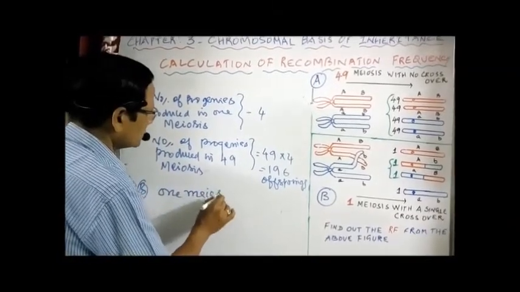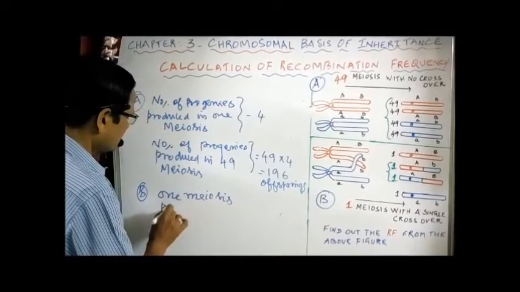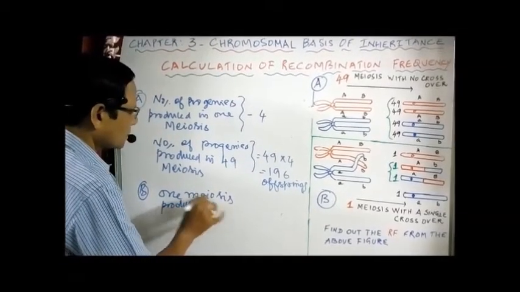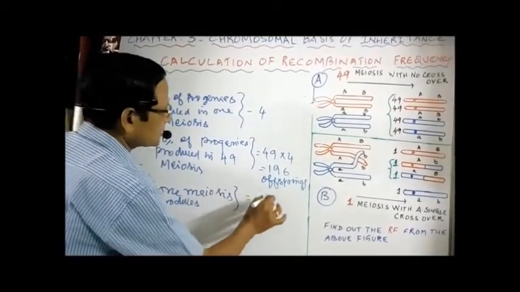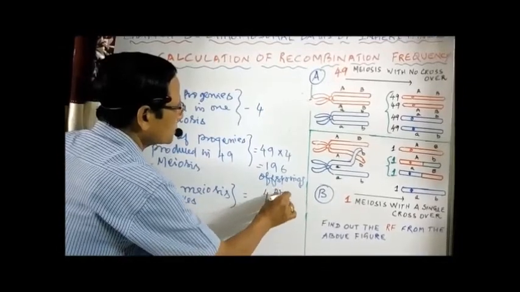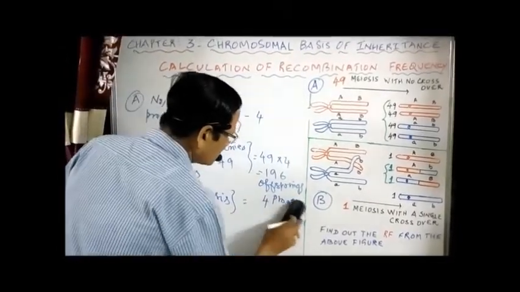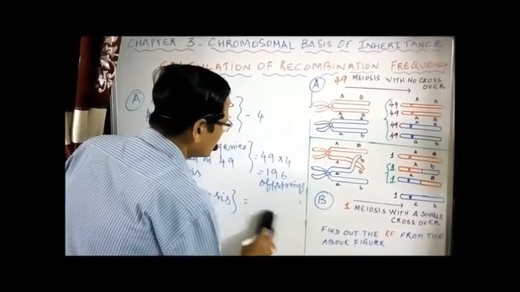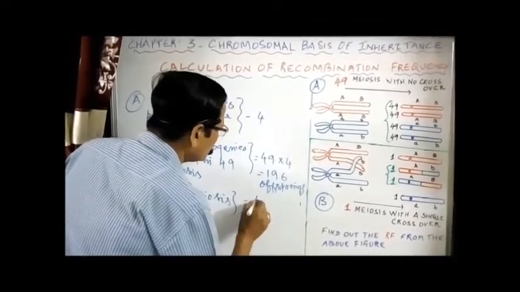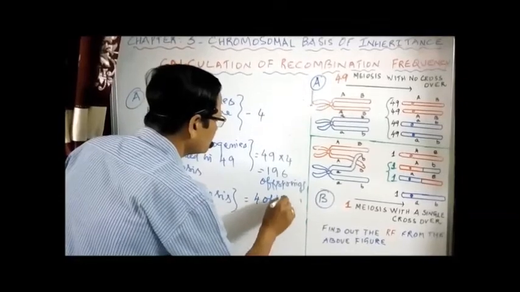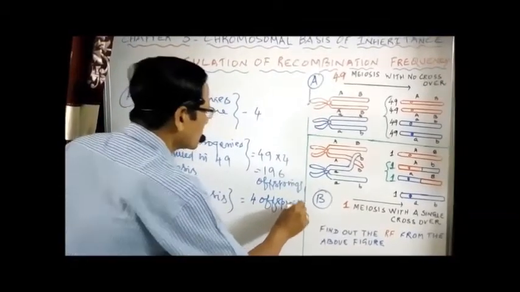One meiosis once again produces 4 progenies, 4 offsprings. I'm using the words offsprings and progenies interchangeably, both are the same.